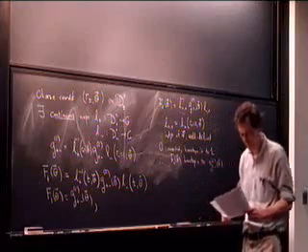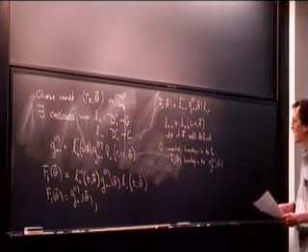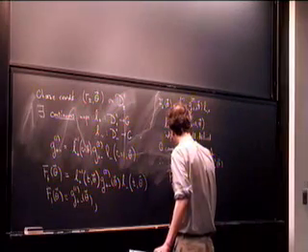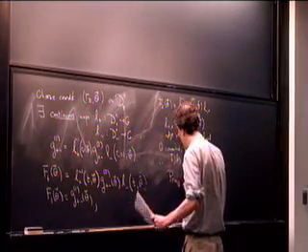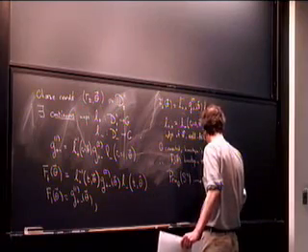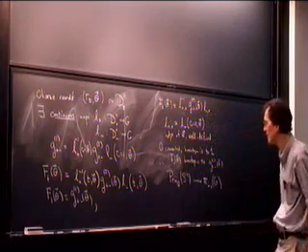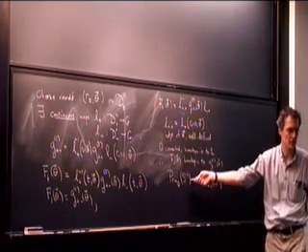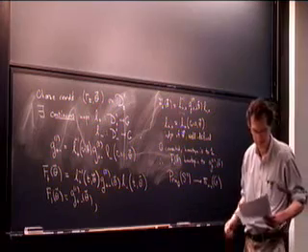Okay. So what that does is that gives us a map from the isomorphism classes of principal G bundles on Xn to the homotopy group, pi n minus 1 of G. It's a well-defined map.